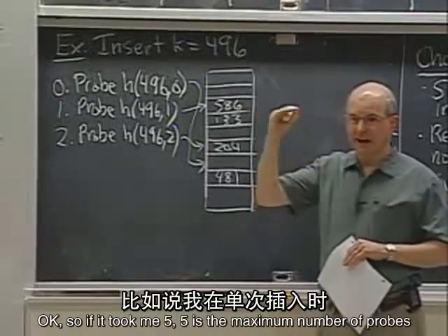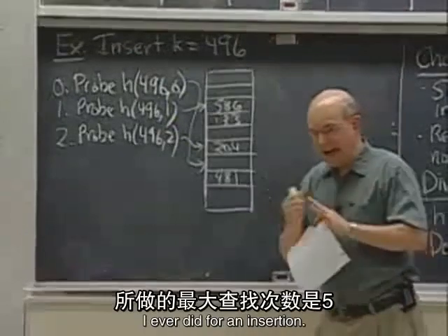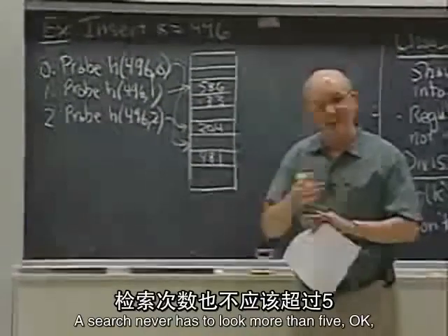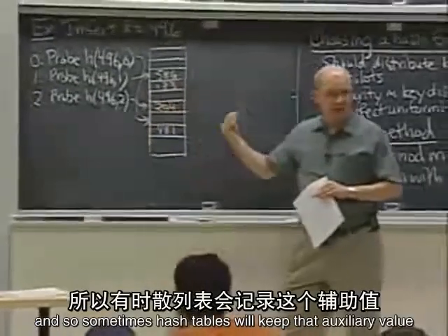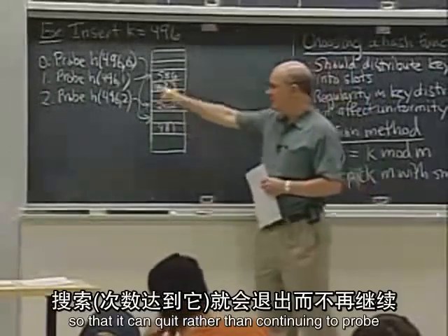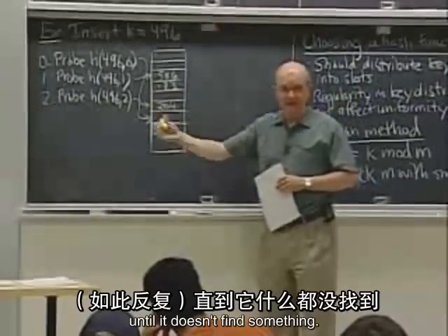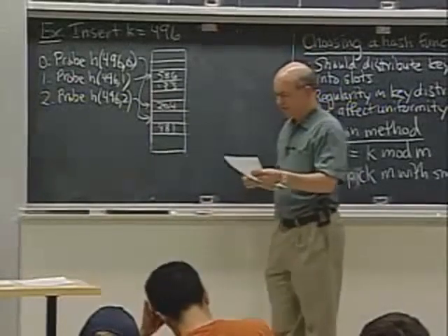So if 5 is the maximum number of probes I ever did for an insertion, a search never has to look more than 5. And so sometimes hash tables will keep that auxiliary value so that it can quit rather than continuing to probe until it doesn't find something.